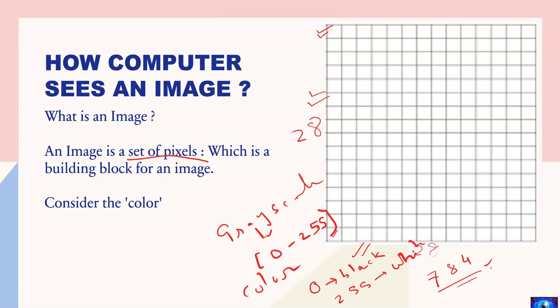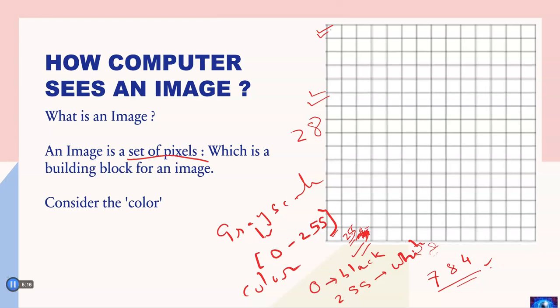If it is 255, it will be denoted as white, and if it is 0, this whole area will be shaded with a very dark black color. If it is anywhere in between, it will be a shade of black depending on the intensity of the number. The lesser the number, the darker the color is.